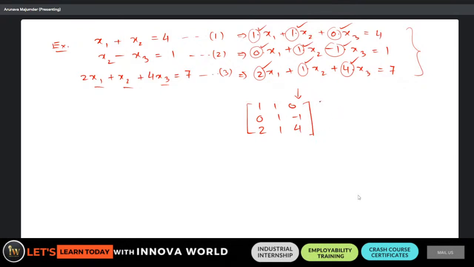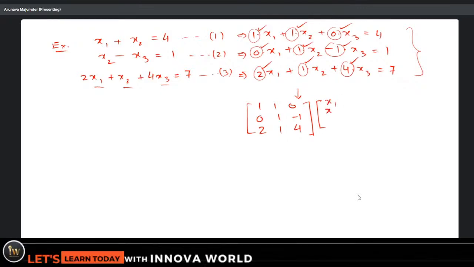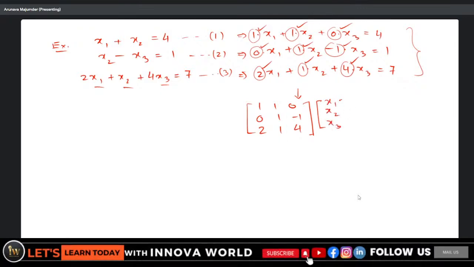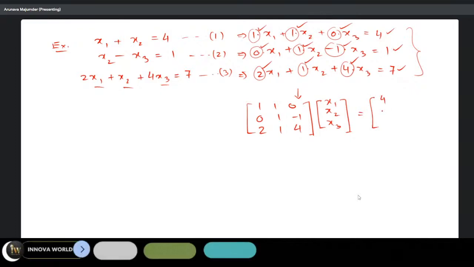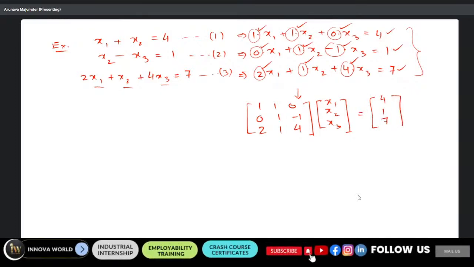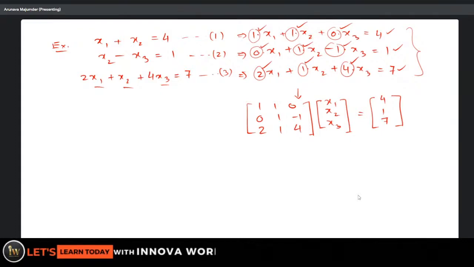After that we form a column matrix x1, x2, x3, and on the right hand side another column matrix 4, 1, 7. So this system of linear equations can be written in matrix form.